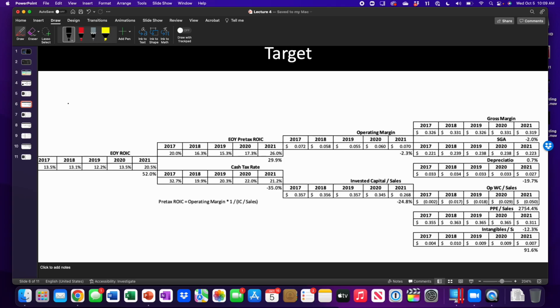With flat operating margins, that improved their pre-tax ROIC from 20 to 26, which combined with a lower tax rate, falling 35% from 32.7 to 21.2, led to an increase in the ROIC from 13.5 to 20.5. That's the right to left summary.